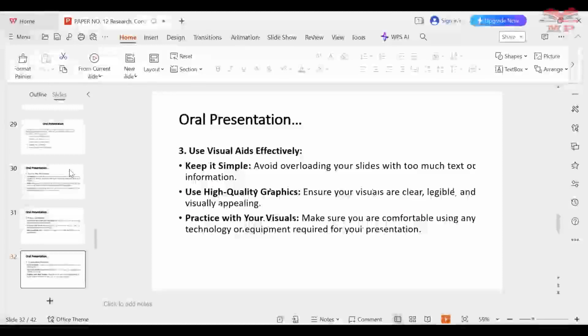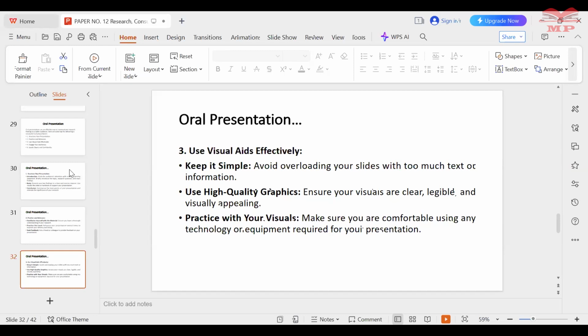Using high quality graphics, it is important that the presenter ensures that the visuals are clear, legible, and visually appealing. When it comes to practicing the visuals, the presenter has to make sure that they are comfortable using any technology or equipment that is required for the presentation.